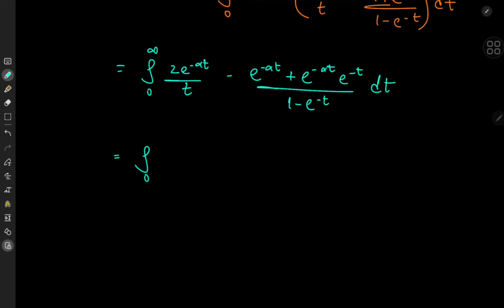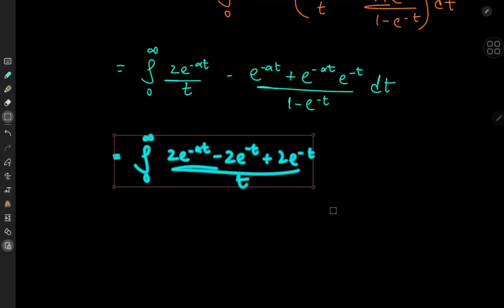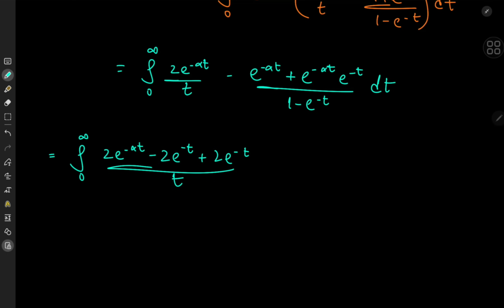And now we need to expand by 0. So we have integral 0 to infinity 2e to the negative alpha t minus 2e to the negative t plus 2e to the negative t over t. Okay, already this seems interesting. And over here, I'd like something else. I have a factor of 1 minus e to the t here, and I'd like something similar in the numerator. So I have an e to the negative t term here, and if only there was a minus sign available to me.